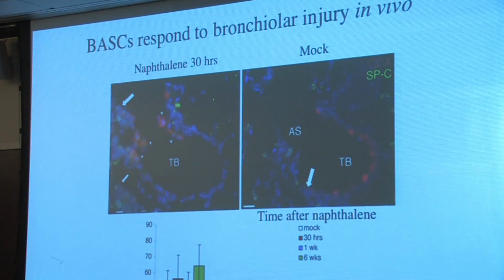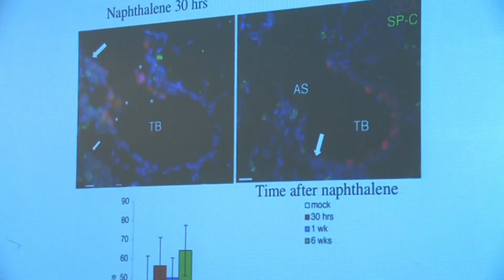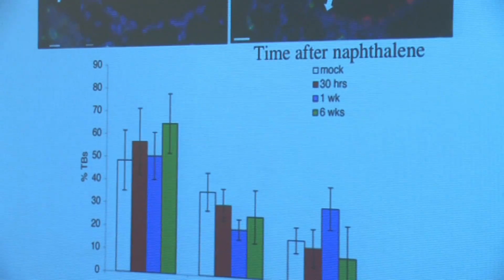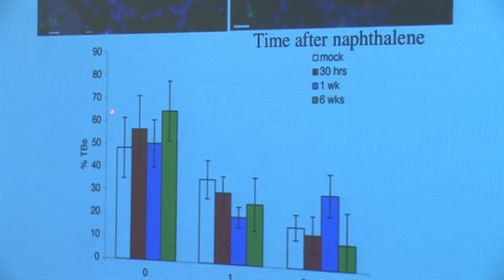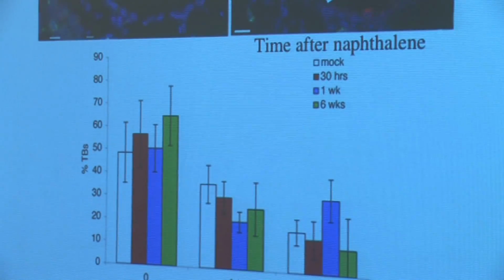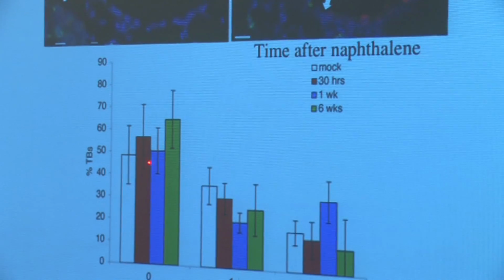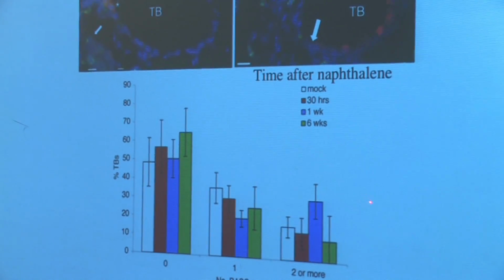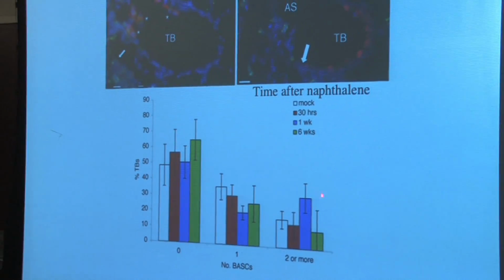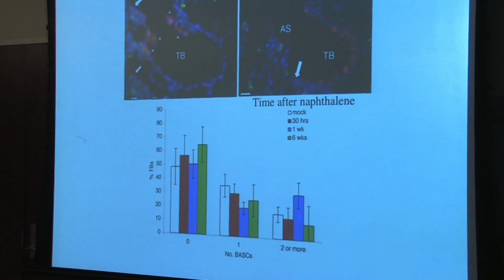And what we did was to quantify the number of VASCs at the end of the terminal bronchioles, TB here, and we found that at different time points after injury, the number of VASCs was never decreased, and in fact, at 1 week after injury, there was an increase in the number of these cells.